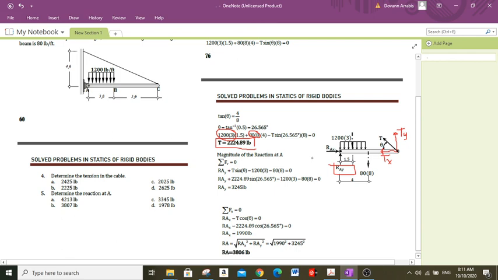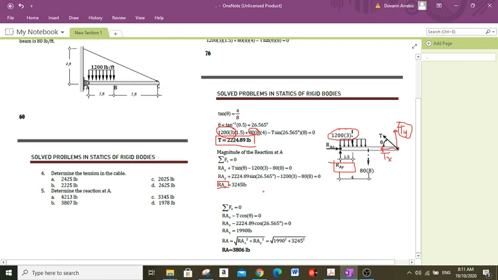And we have Ty, T sine theta, also positive, since the direction of this force is upward. We have 1200 times 3, negative, because it is directed downward, and 80 times 8 downward, still negative, and we get the magnitude of RAY.